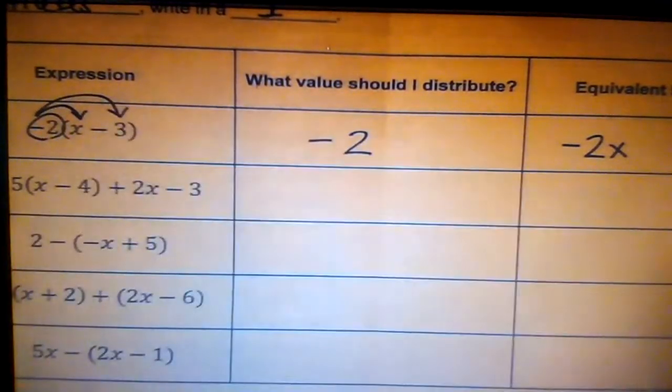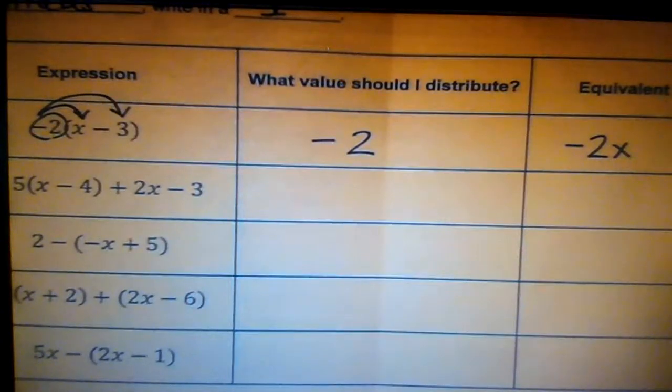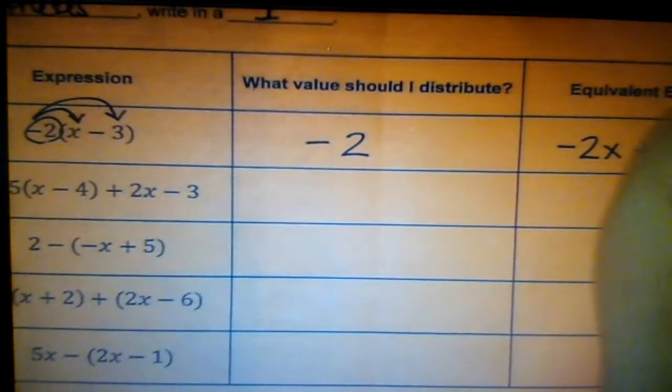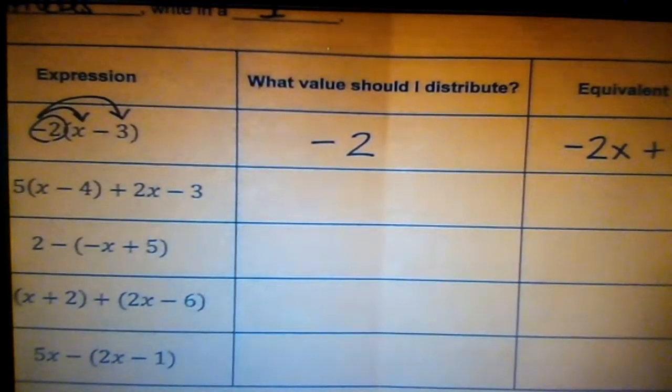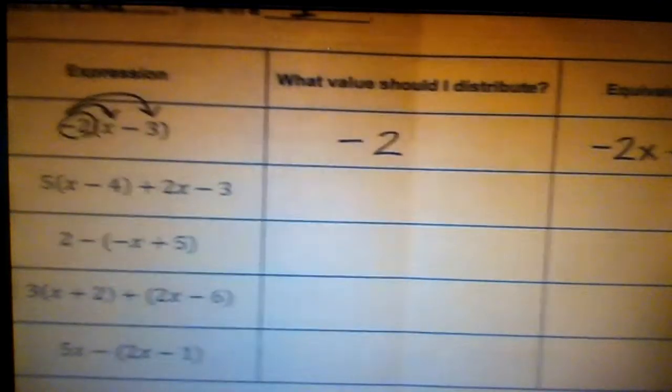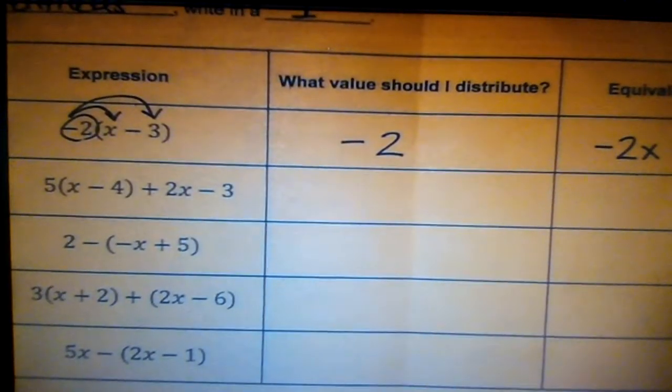And it also multiplies against the -3. So that gives me what? +6. Okay, remember, negative times a negative becomes a positive. All right? Questions on that one?